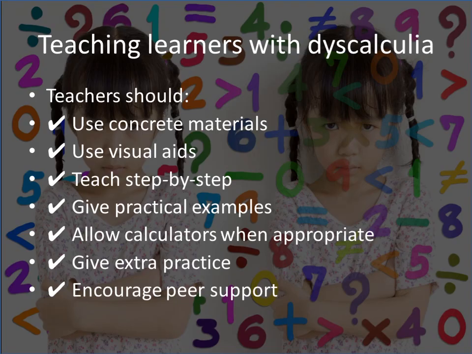Then the second learning disability that we are going to talk about is dysgraphia. Dysgraphia is a learning disability that affects writing skills and written expression. Dyslexia affects reading, but now we have dysgraphia. It affects the handwriting, the spelling, letter formation, and written organization.